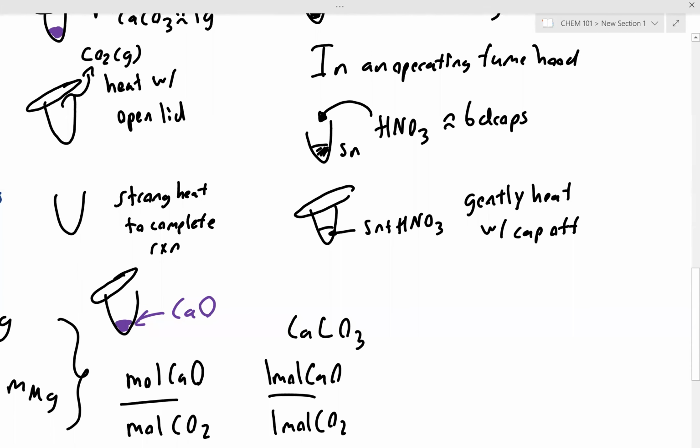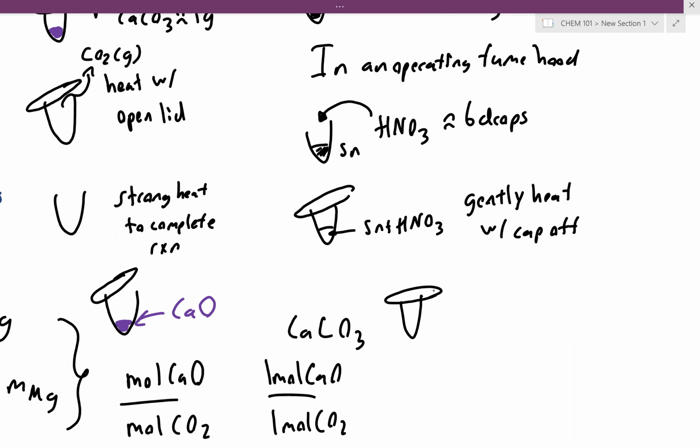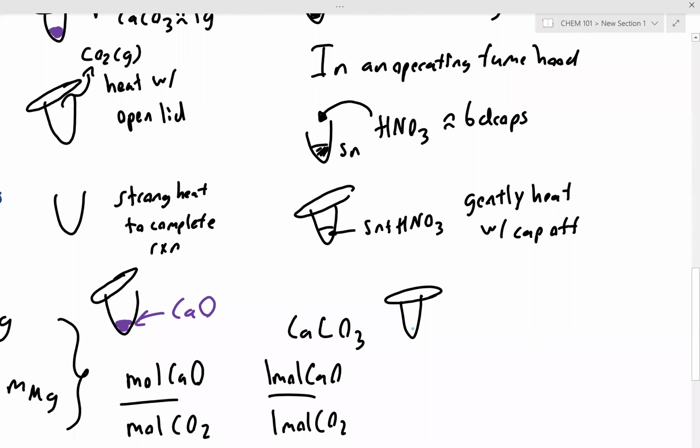Okay, finally, at the end of gentle heating, you'll be left in your crucible with a sample that is no longer just tin, but a sample of tin oxide. So we can record the mass of tin oxide, right?